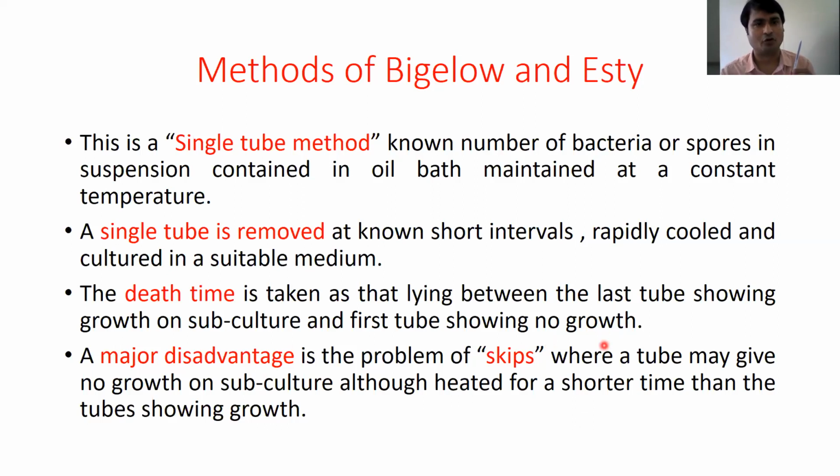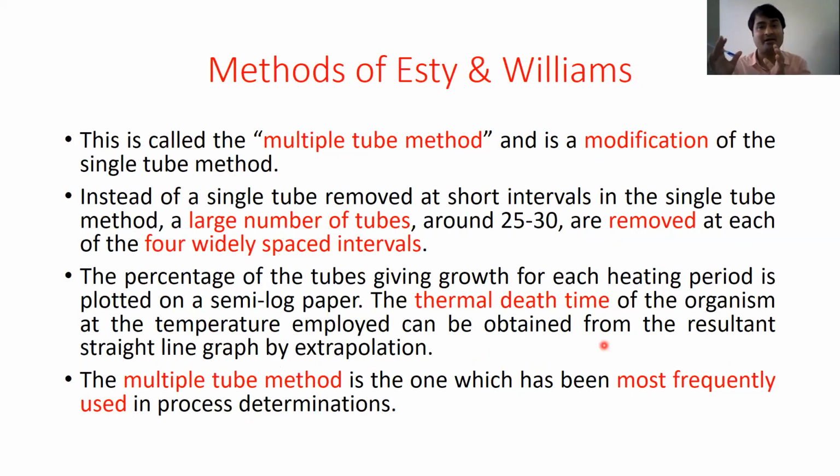Yes, sir. Okay. Now we have another method, that is the method of Ball and Williams. This method is called the multiple tube method, and it is a modification of the single tube method. What modification?